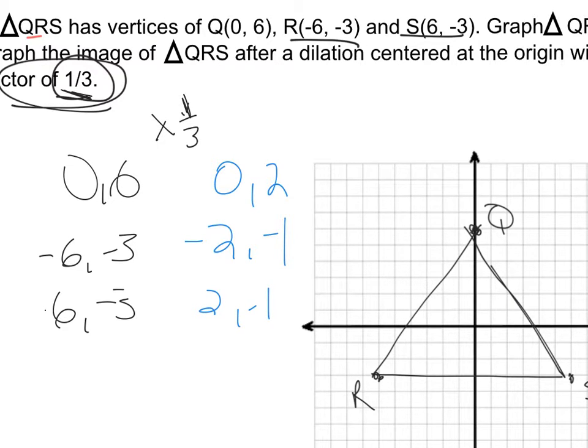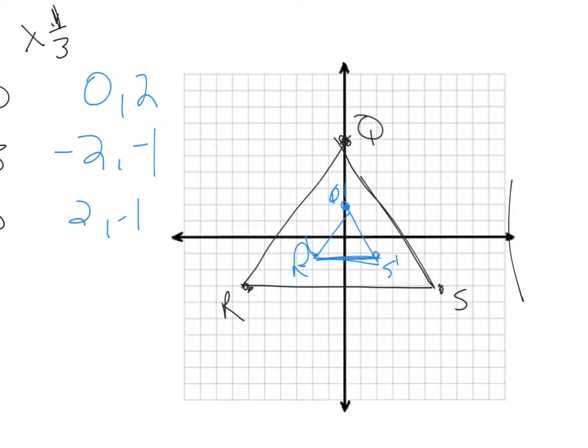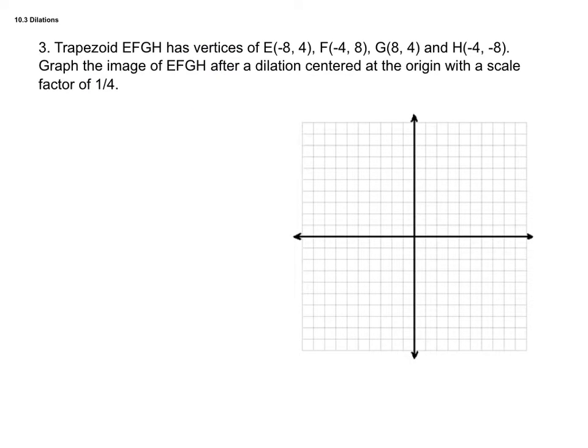Okay, so I multiply everything, both numbers, by 1/3. So I get 0, 2, -2, -1, 2, -1. There is my new triangle QRS. There's my answer. So there is my dilated triangle right there. By 1/3, it's supposed to be smaller.